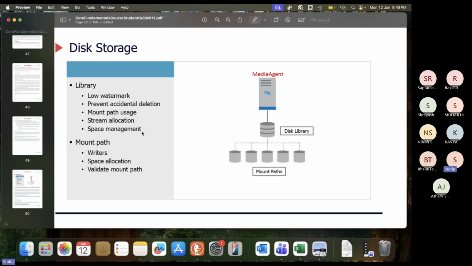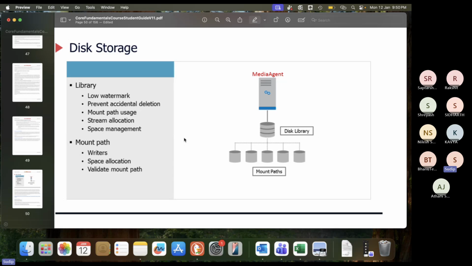Okay, and then space management. That is where we introduce concepts like deduplication and compression. These happen on the fly while the data is being written from the media agent onto the storage, and we'll get to the details a little while later in subsequent classes, which will help you understand how to use algorithms applicable at the data layer to reduce the amount of physical capacity required to store a given amount of data.